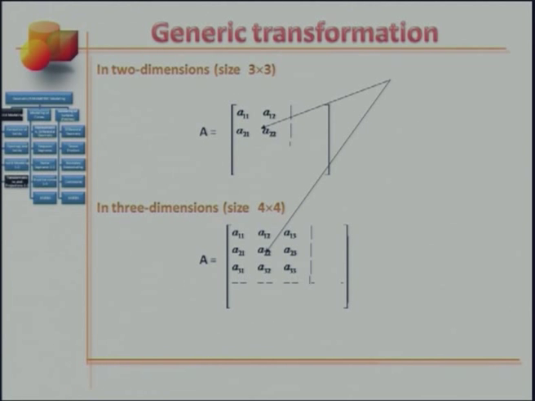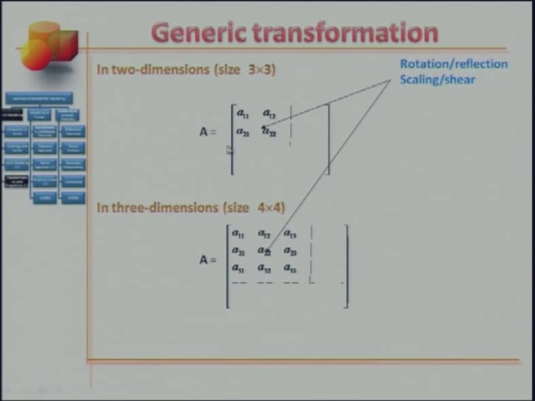These submatrices contain entries pertaining to rotation, reflection, scaling, or shear transformations. We had noted in lecture 9 that this 2 by 2 submatrix is orthogonal in nature.